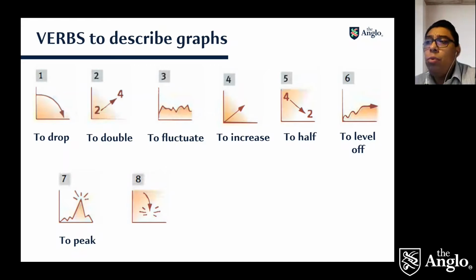Then we have this one, which is like number 1, but as you can see, those arrows indicate that it's extreme. The drop is now extreme. So basically, this is to plummet. To plummet is to drop dramatically or drastically. Normally overnight, or what we call from one day to the other, let's say. That is basically what this one means.